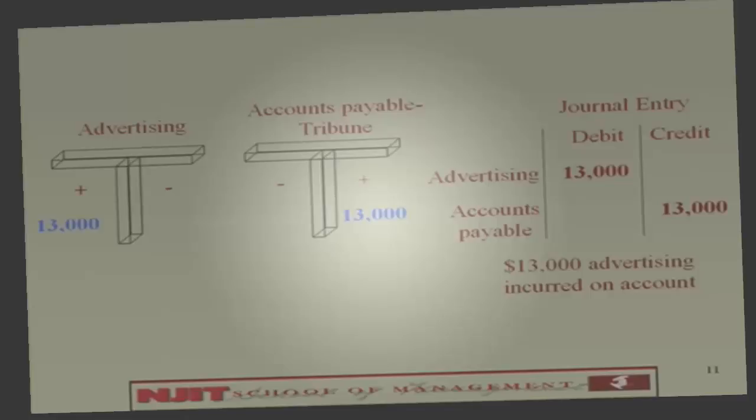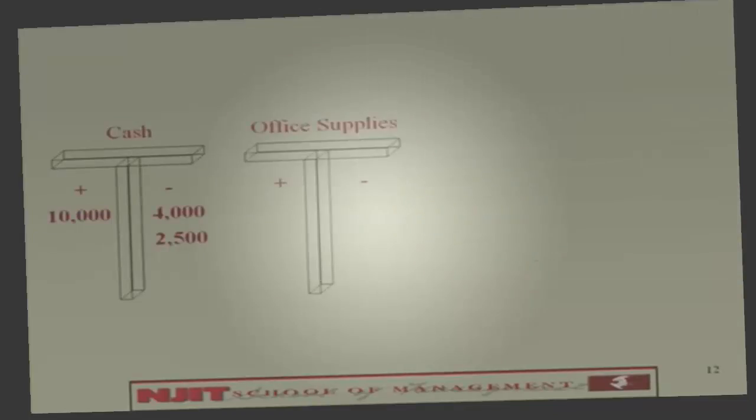Transaction 5. You paid $6,000 for office supplies. Supplies is an asset. So what two accounts are impacted? Cash and supplies. It should look like this. If you look at cash, I brought the balances brought forward from prior transactions.